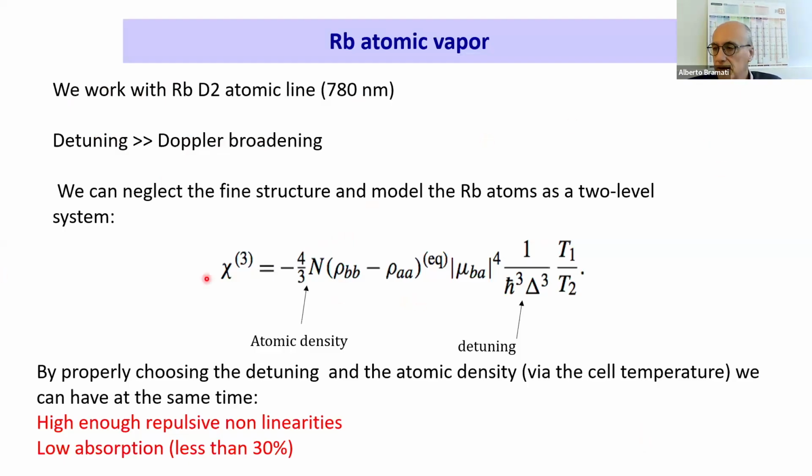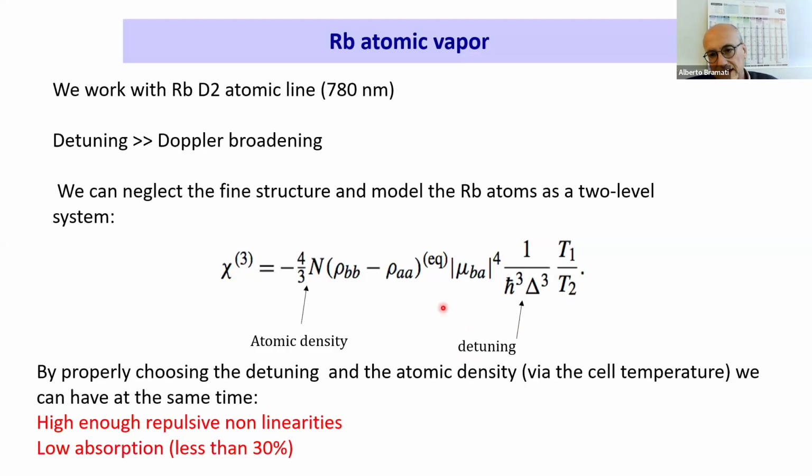The Kerr nonlinearity is given roughly, as a sort of approximation in the two-level approximation, by this formula. Here, N is the atomic density, the number of atoms in the cell, and this delta is the detuning with respect to the atomic resonance.